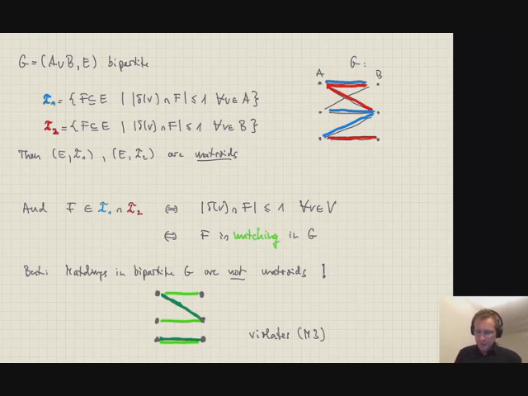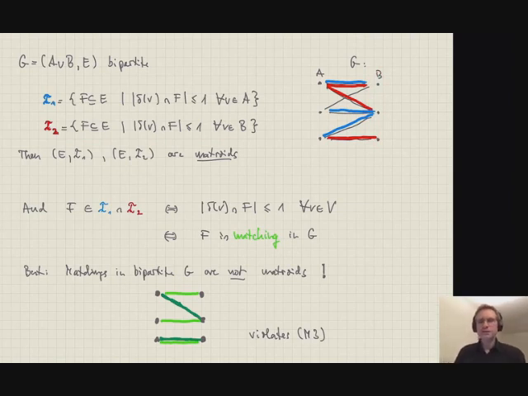And the blue subset of edges is actually an independent set with respect to this independent system. Okay, so the degree constraint is maximally 1 for the A vertices, and symmetrically we define the other matroid in the same way, requiring that the degrees are at most 1 for the B vertices here.